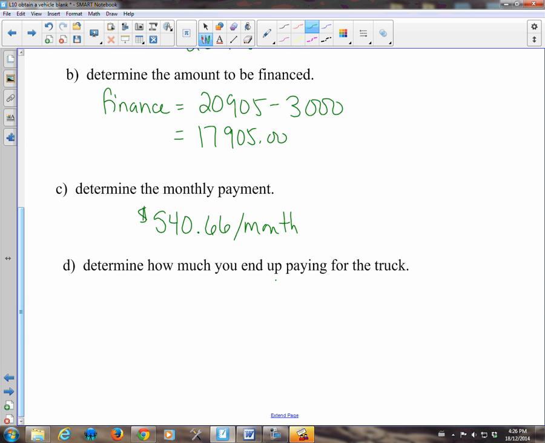So how much do you end up paying for the truck? The total you pay each month, and we're doing that only for 3 years this time, so times 36 payments, means I'm going to pay $19,463.76.